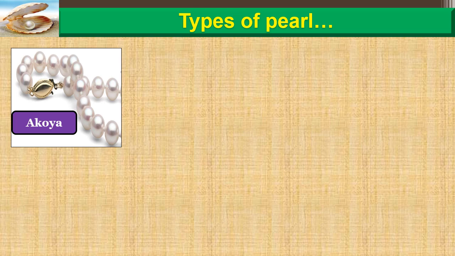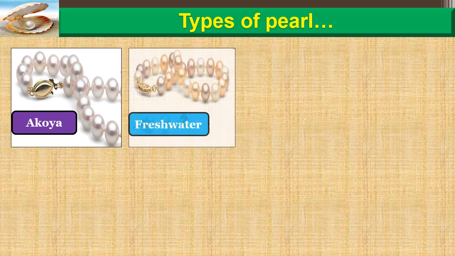These are cultured saltwater pearls. Akoya pearls are grown in the saltwater oyster, Pinctada fucata, native to the colder waters of the Pacific Ocean surrounding Japan. Akoya pearls range in size from 2 to 3 millimeter in diameter.